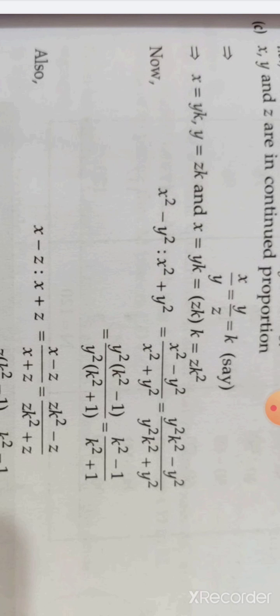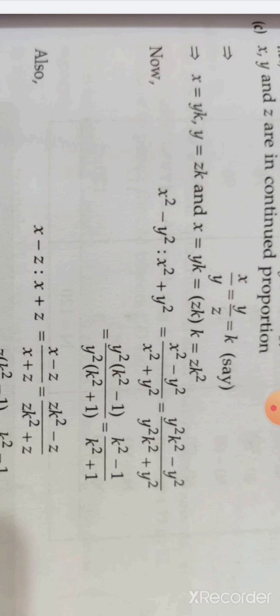Now we have to find the proof of this type of question. So left hand side we have x square minus y square upon x square plus y square, which is given as ratio. So now substitute the value of x as yk square, so y square k square minus y square upon x square, which is y square k square plus y square.